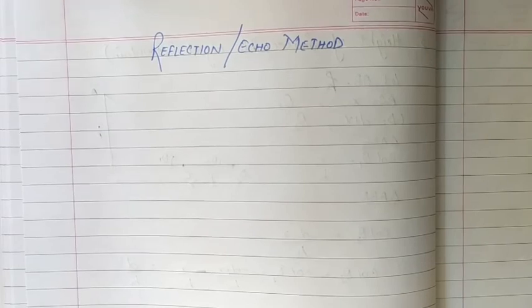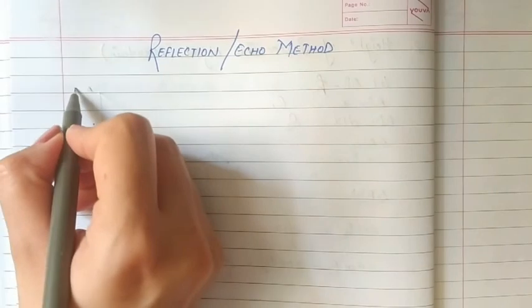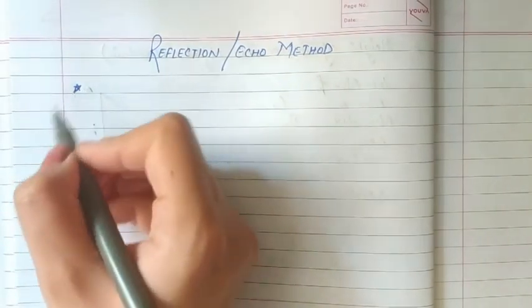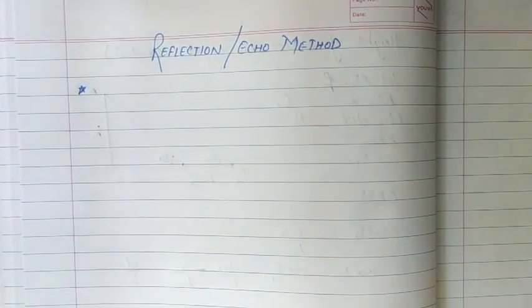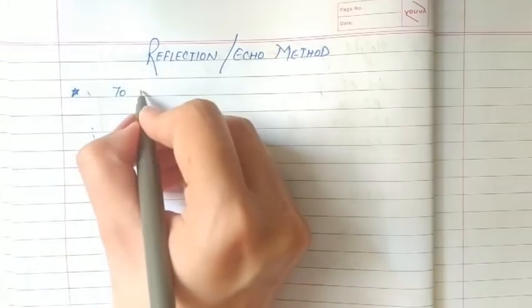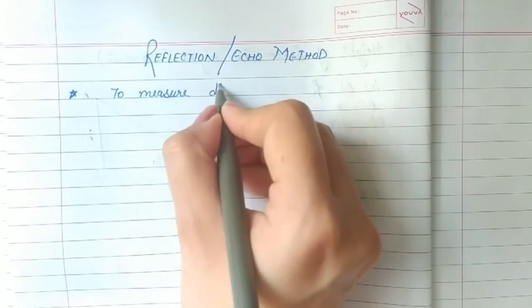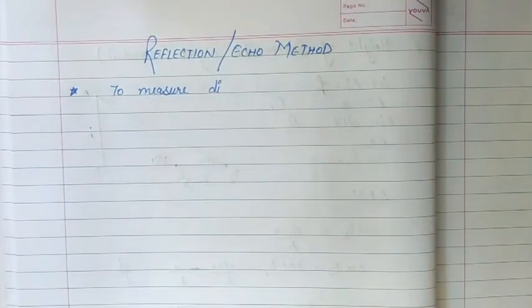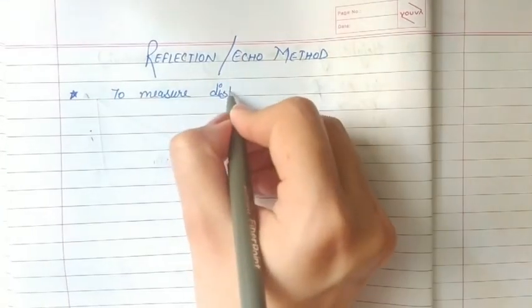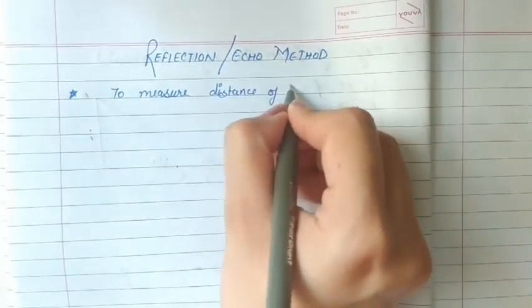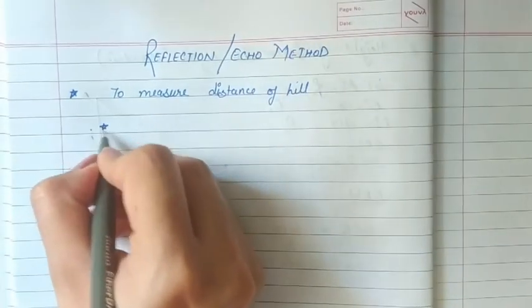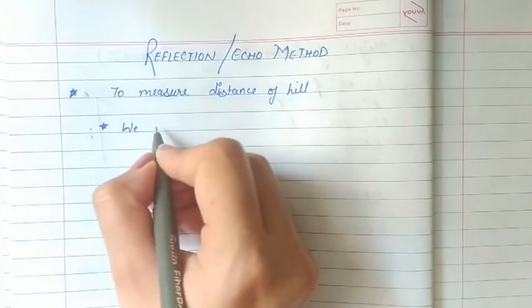Okay, so what we are going to do, हम एक हिल का डिस्टेंस मेजर कर रहे हैं, to measure distance of hill, and for this we shoot a gun.